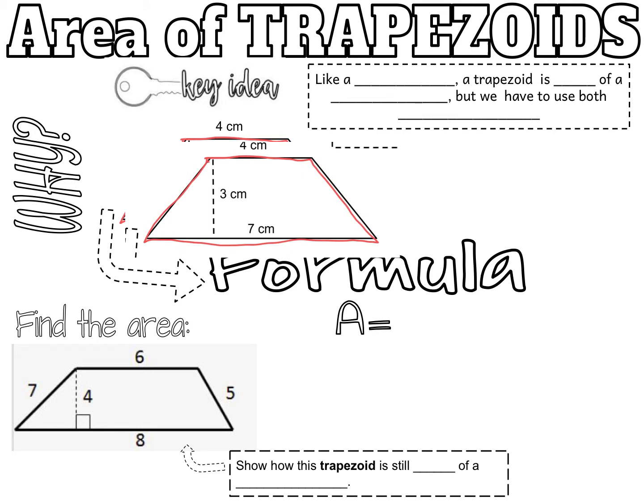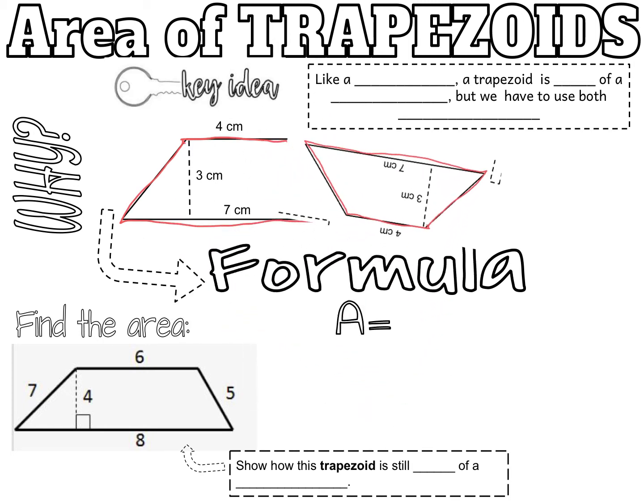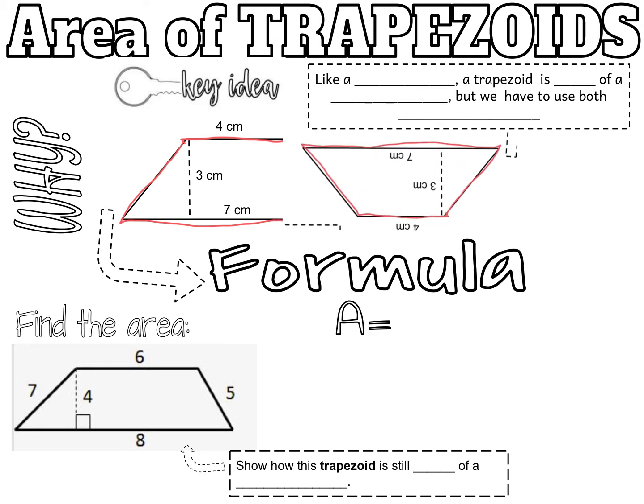take this shape, kind of cut it, rotate it around, make it a little bit bigger. Now, I know this isn't perfect because I kind of covered the other part.